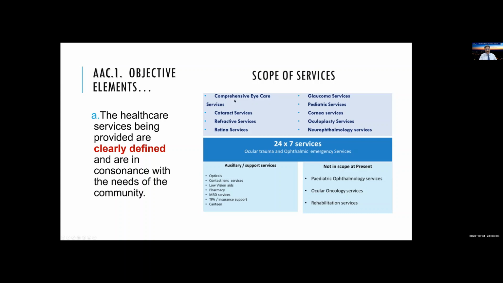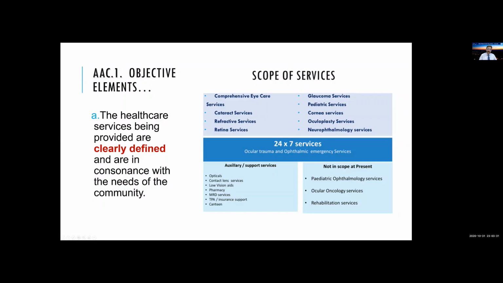Most of us will be providing comprehensive eye care services, cataract services, glaucoma services, and some of us will be providing refractive services and retina services. And these are specialty services. So if you have the infrastructure in place to provide these services, and also the manpower to provide these services, you can always put this under your scope of services.